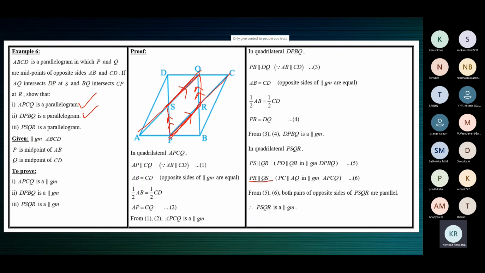PR is parallel to QS because PC is parallel to AQ, PR is a part of PC, and QS is a part of AQ.